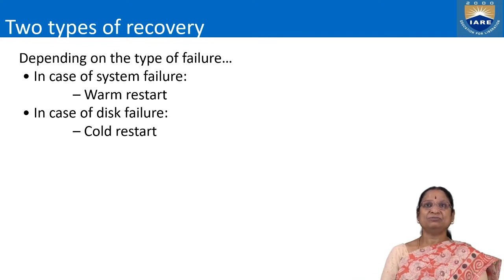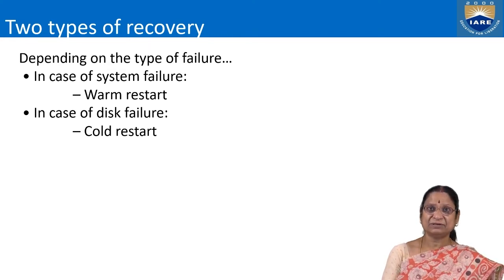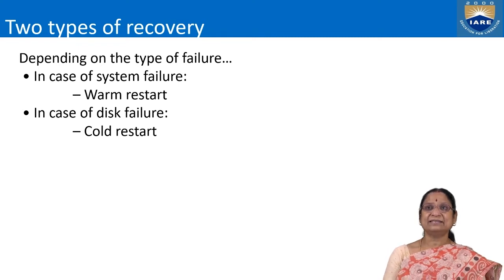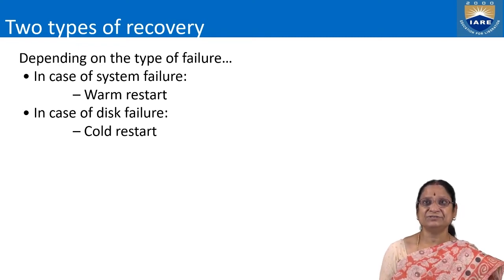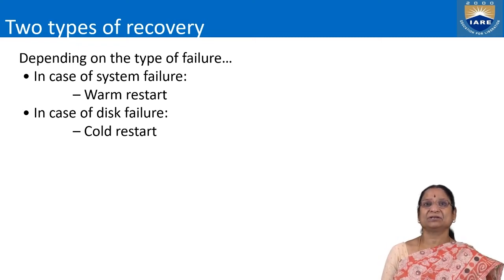If the recovery is from system failure, from the log files, checkpoints and fuzzy checkpoints, we can recover data. If the recovery is from disk failure, then we have to consider the dump. By using the dump process, we take a backup periodically. From that particular backup onwards, the redo or undo process is carried out.